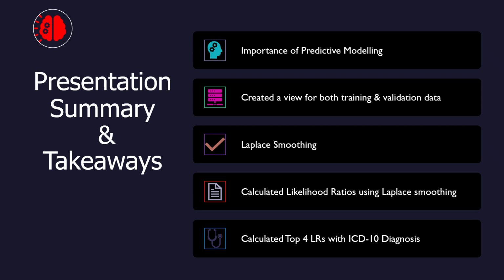We also saw how we need to use the Laplace modeling technique to ensure that we have the right result during likelihood calculations, to deal with certain zeros in certain data sets. And we did calculate the likelihood ratios using Laplace modeling. We also calculated the top 4 likelihood ratios.